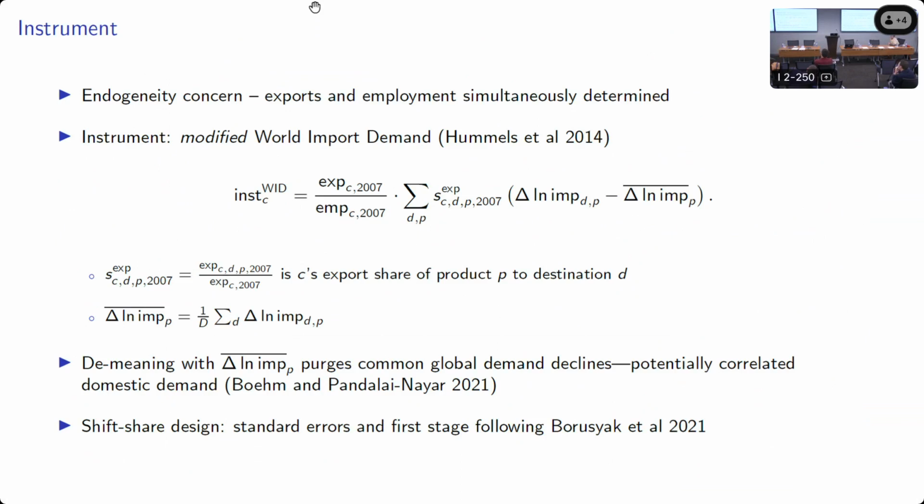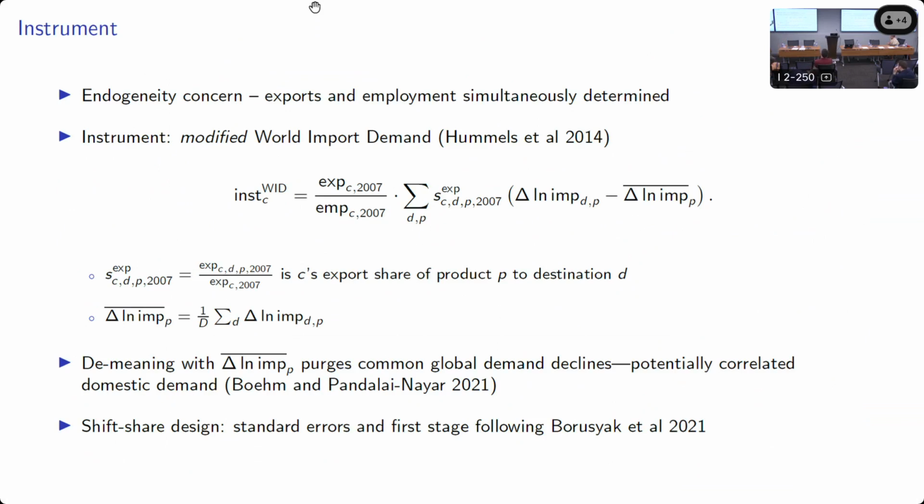You think that the demand for durables might have changed differentially from the demand for non-durables. If I don't demean by the average imports of durables, for instance, then my demand shock could be correlated with local demand, with US demand for that product. So this purification helps us to identify, hopefully, exogenous variation in foreign demand.